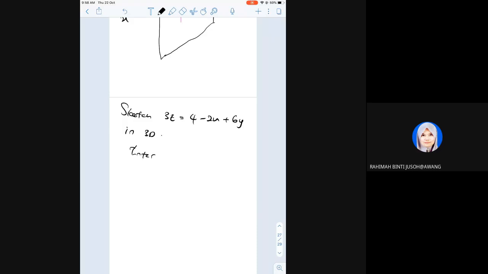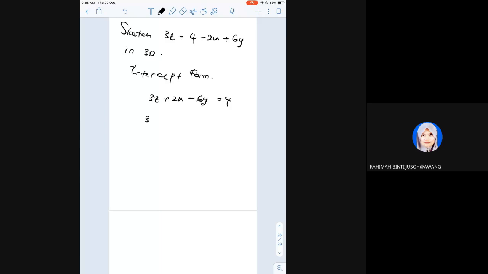That's why I taught intercept form, it is faster. 3z plus 2x minus 6y equals to 4. Divide everything by 4: 3z over 4 plus x over 2 minus 3y over 2 equals to 1. Can you follow me? I simplify directly. Then we have z over 4 over 3 plus x over 2 minus y over 2 over 3 equals to 1, like this.